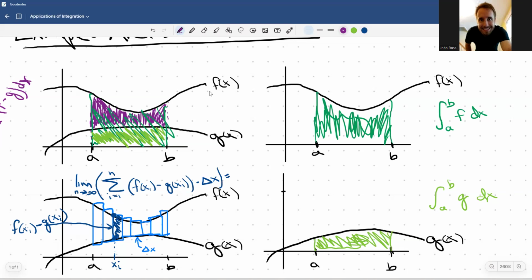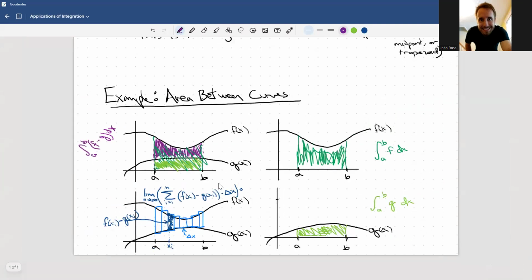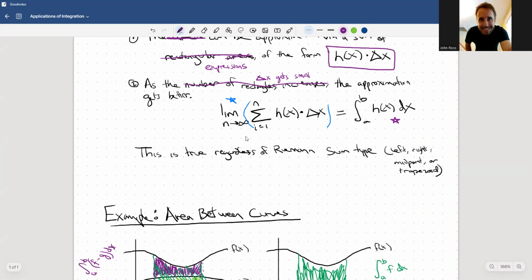And now let me zoom out and point to the fact that this limit expression, not only will it equal the purple area, but from the structure up above, I'm going to scroll back up. Maybe I scrolled too far. There we go. A limit of a summation of something that looks like an h of x times a delta x becomes an integral of h of x dx. So just looking at this piece right here.